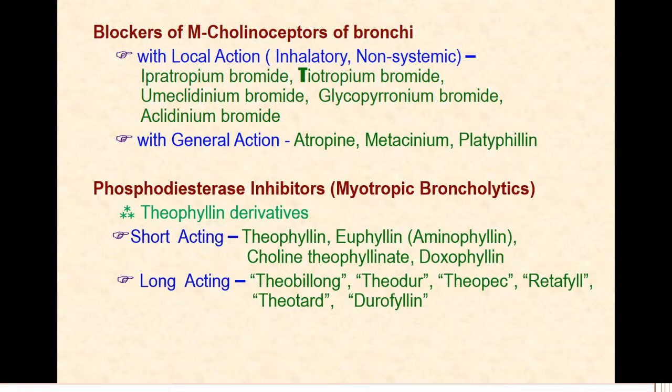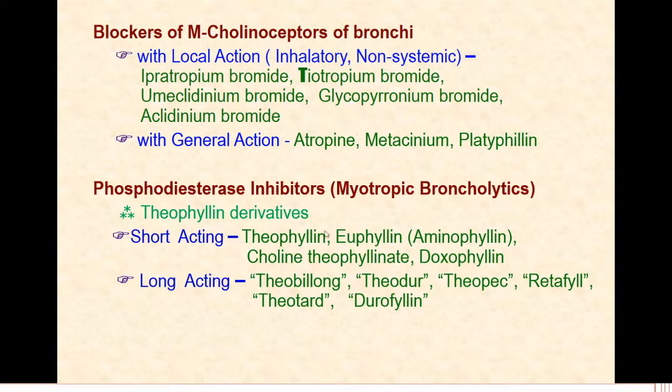So, to stop attack of bronchial asthma, we can use short-acting beta-2 adrenomimetics or beta-2 adrenomimetic with intermediate effect formoterol, or we can use aminophylline for injections.